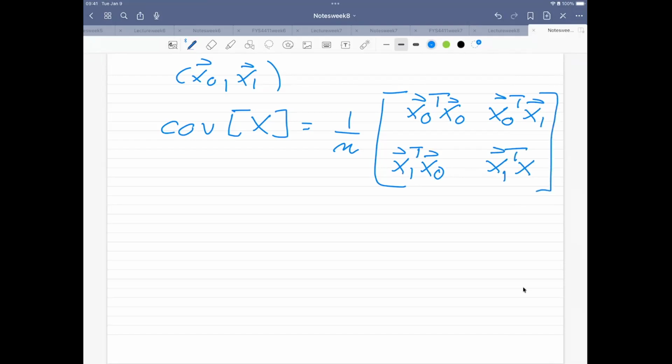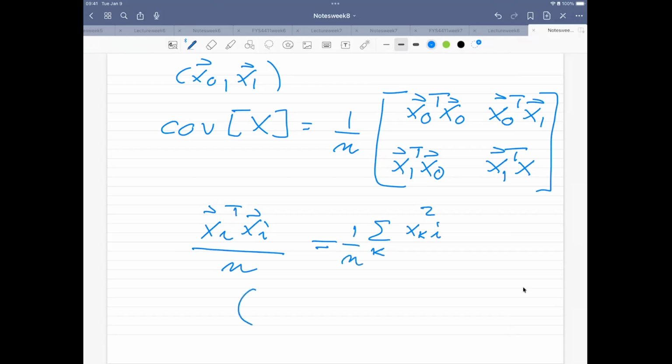So if I look at an element like this, x_i transpose times x_i divided by n, if I write this out, this is the same as, in our case, the sum over k of x_ki squared, times 1 over n.